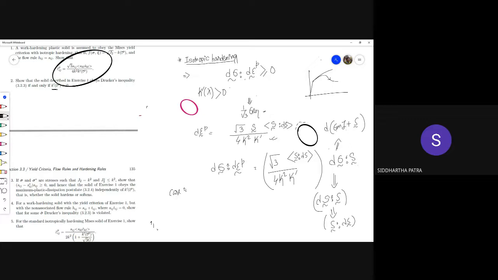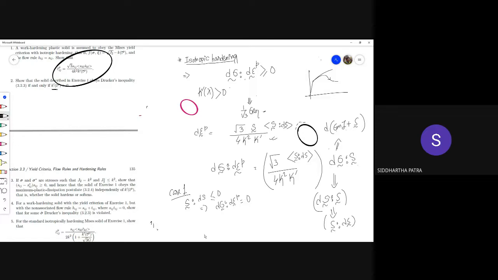So case 1, S inner product ds is less than or equal to 0, which would mean that whatever is in this Macaulay bracket itself goes to 0, which would mean this quantity is 0. So that is either plastic strain is not happening, or the change in the plastic strain and the change in the stress are orthogonal to one another. That's what is meant by that.